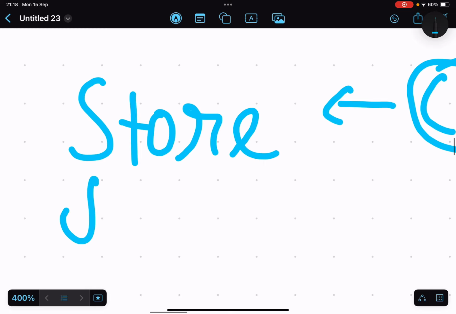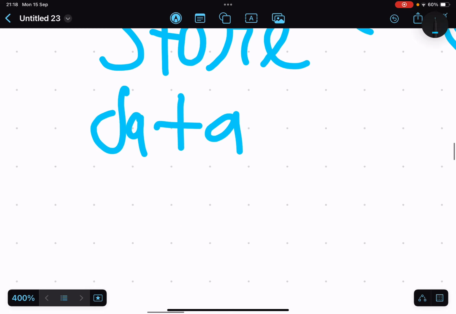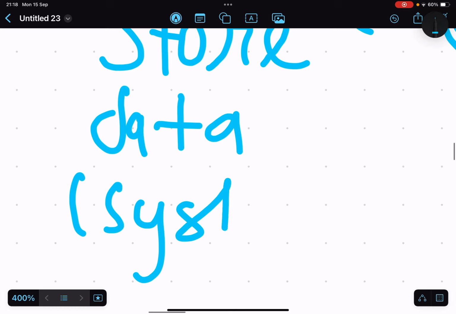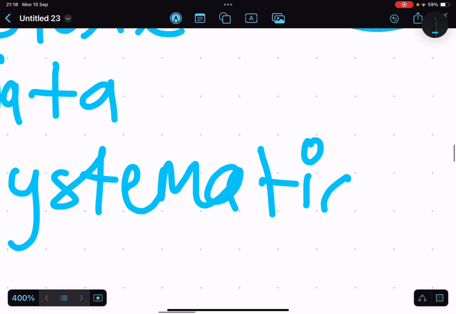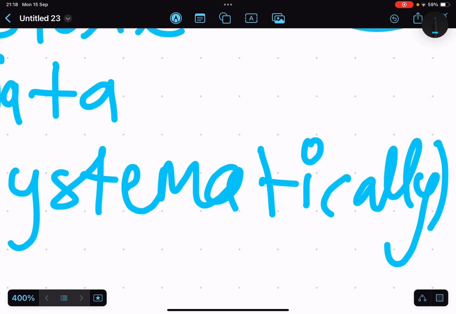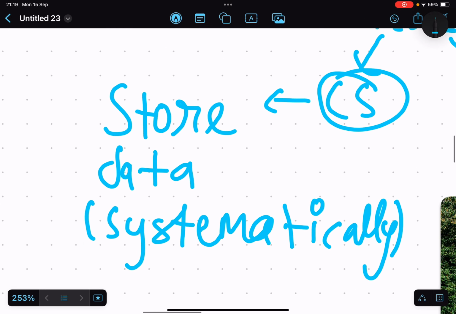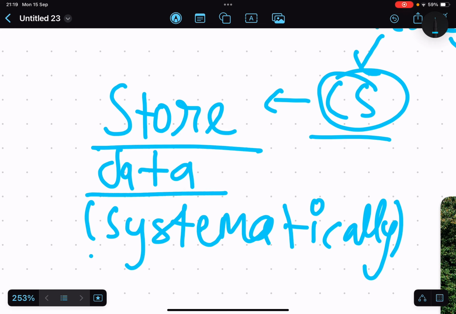So here order matters, but you won't understand what I mean by that until I show you with an example. So all you need to know is in computer science we store data with vectors, and it helps us store data very systematically.